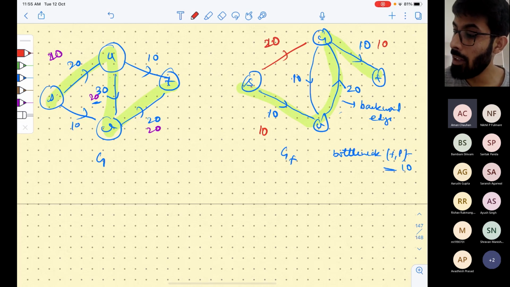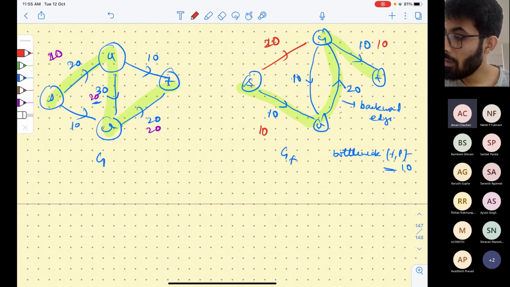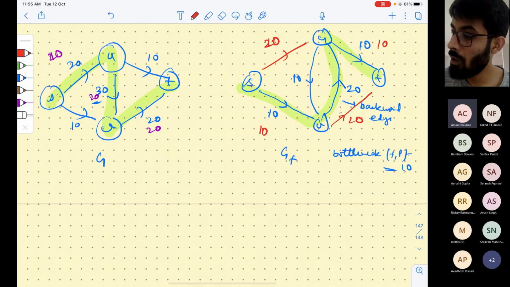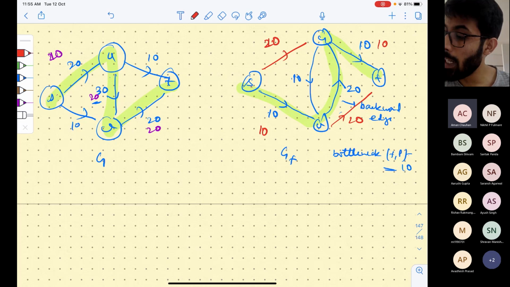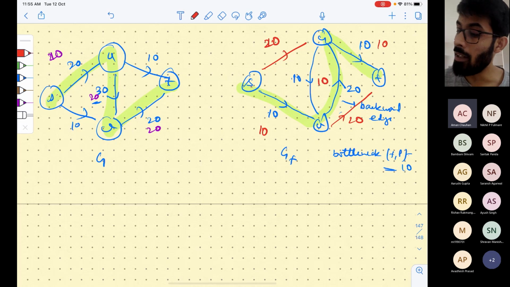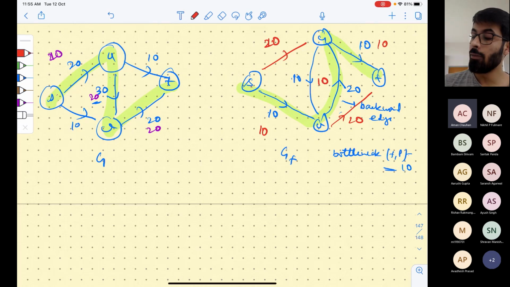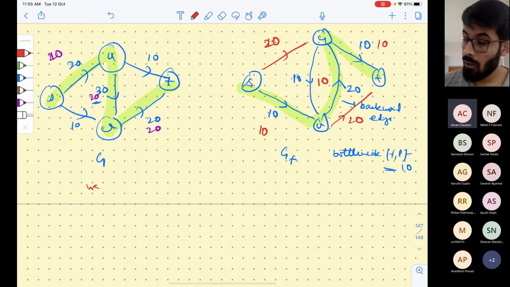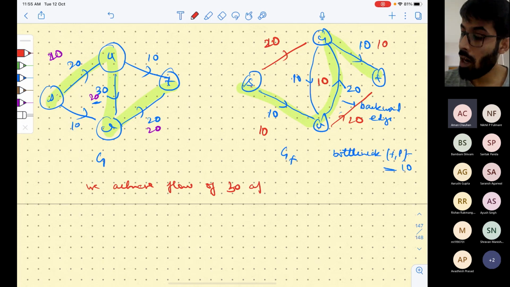This was already 20. This was already 20. And this one, now from 20, we decrease it to make it 10, right? And now we achieve the flow of 30 after we have augmented this path, right? So this is just to give you an example. 30 after augmenting the path.